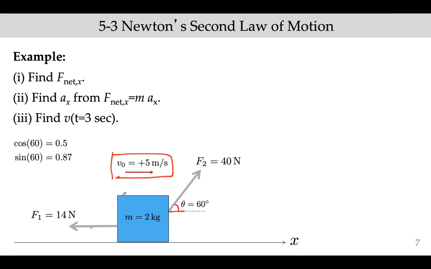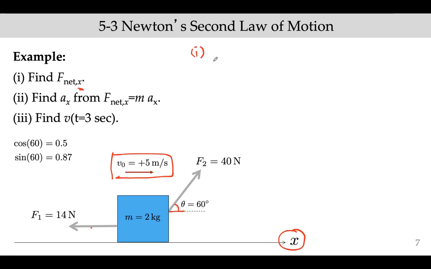So this is the initial velocity. In this problem, the right direction is taken to be positive x direction. Okay, so the first part is find net force in the x direction. So we will always divide the forces in horizontal and vertical.